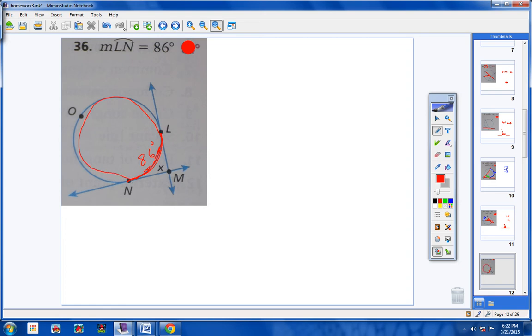So if from here to here is 86, then I can take 360 and subtract 86, and I'll have the other arc left over. So the arc here in blue from L all the way to N, that blue arc is 274 degrees.